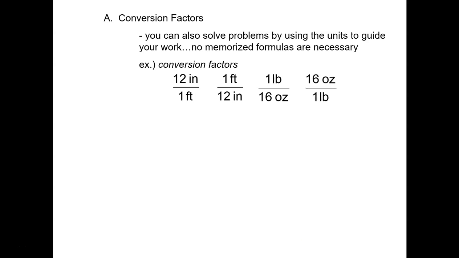Those are conversion factors that allow me to change 1 unit, like feet, into inches, or inches into feet. So we're going to use these conversion factors in a guided way to help us get from one unit to another. And it's a process called dimensional analysis. But really, it's just a process in which we're going to use units to guide us through the work.